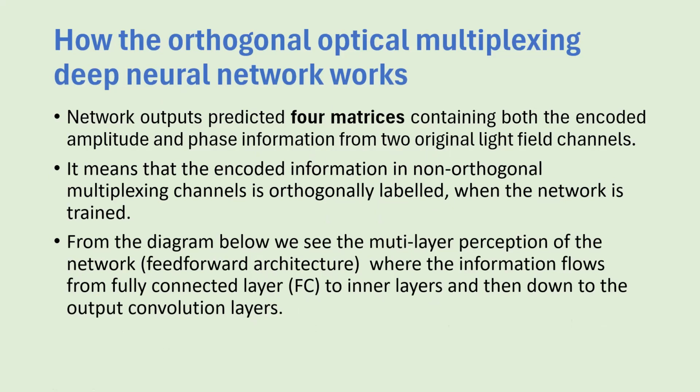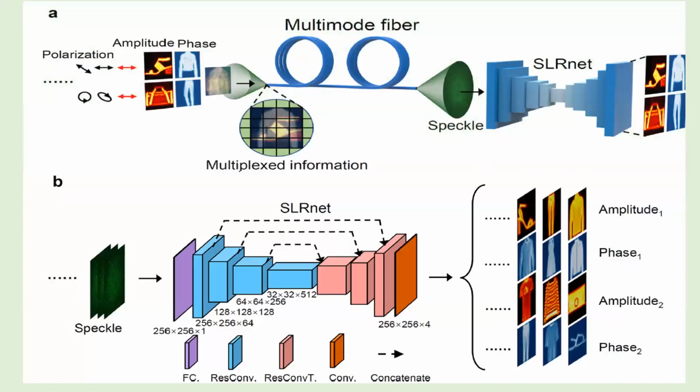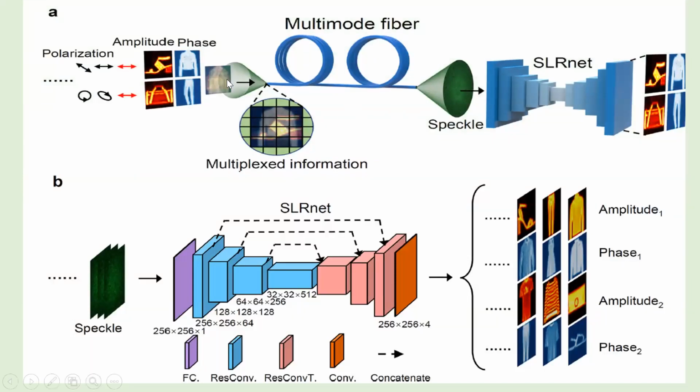From the diagram below, we shall see the perception of the network: a feed-forward architecture, where the information flows from a fully connected layer to the inner layers and then down to the output convolution layers. This first diagram shows how different light fields with different information encoded are being propagated and multiplexed, having different characteristics of polarization.